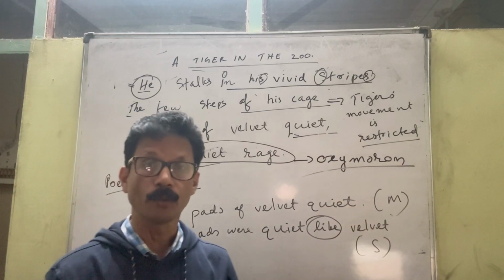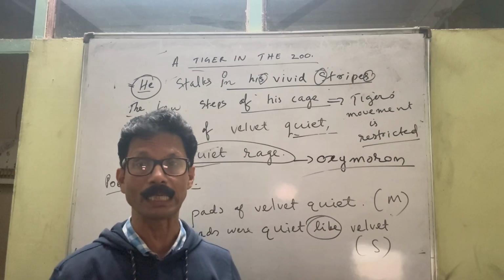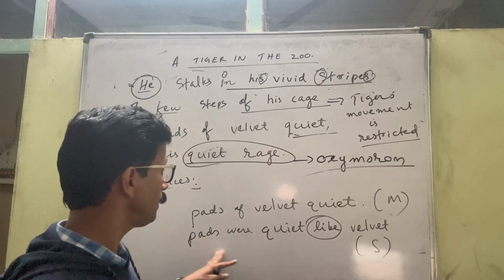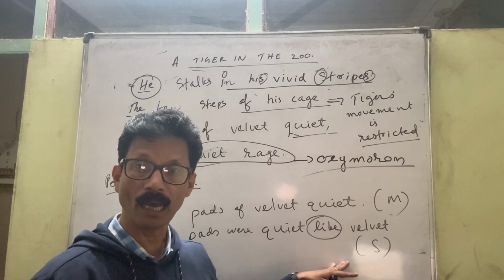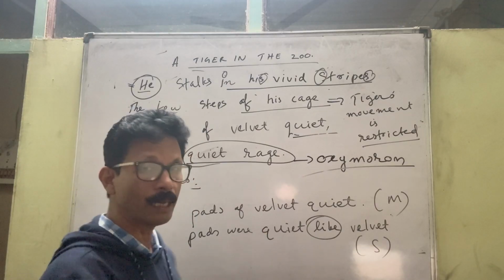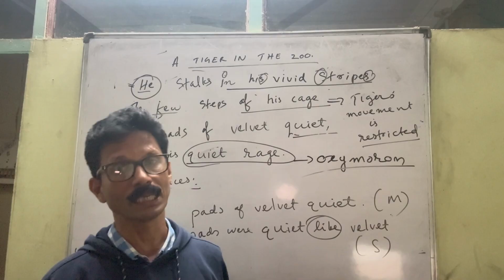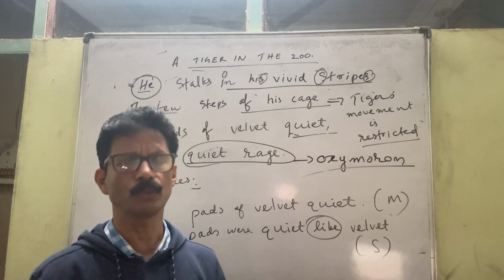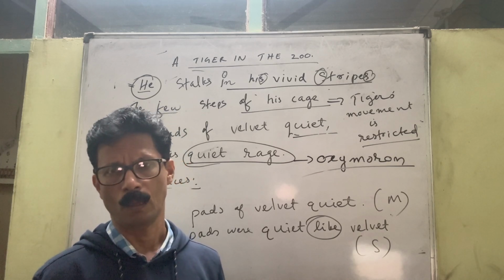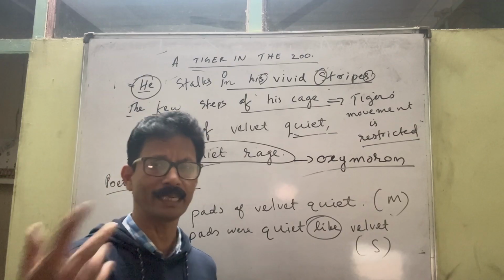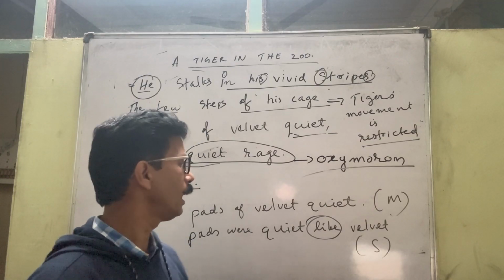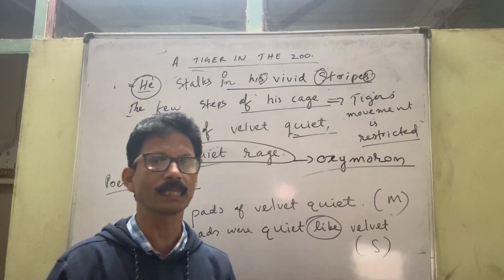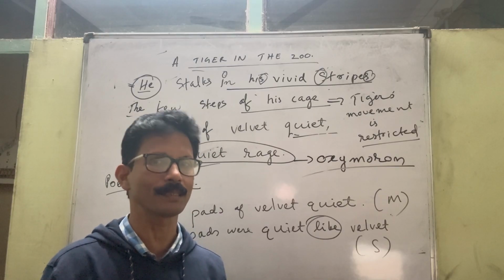Only to make you understand the difference between simile and metaphor, I explained how this metaphor can be converted into simile. It's up to the poet which poetic device he wants to use, metaphor or simile. If you had been the poet in his place, you would have used simile instead of metaphor. That is poetic liberty. We can call it poetic license.